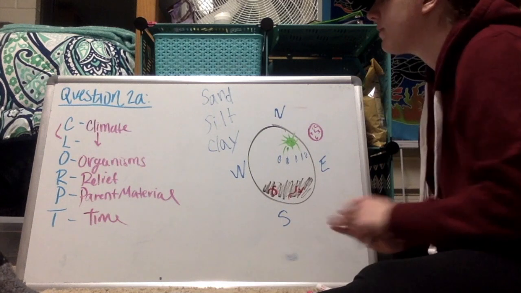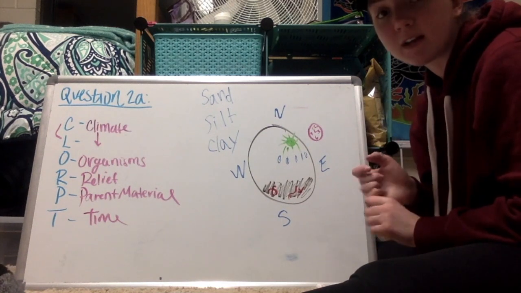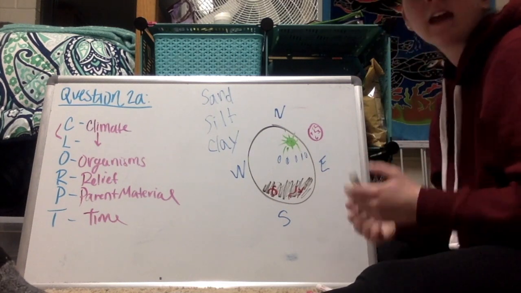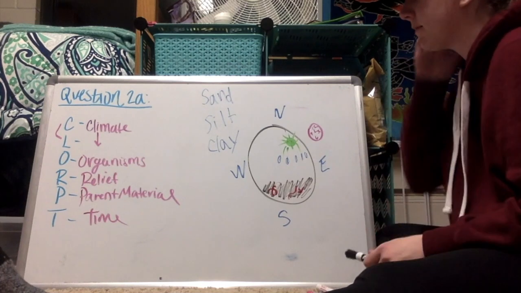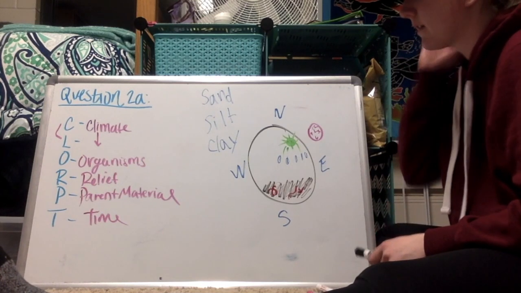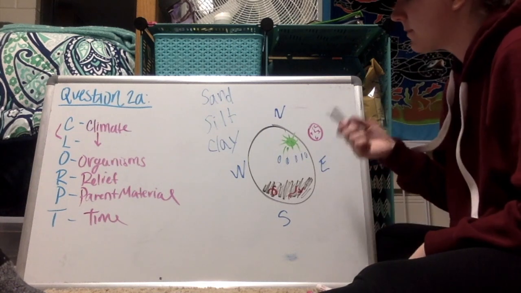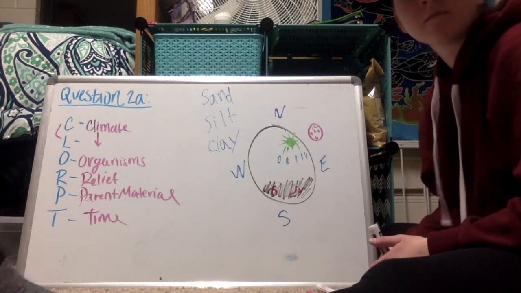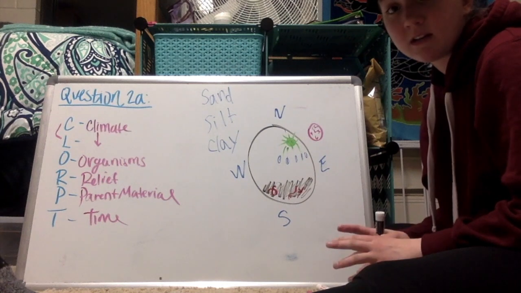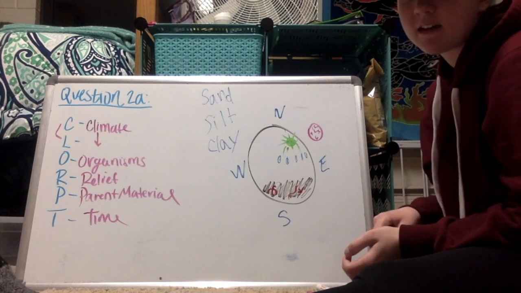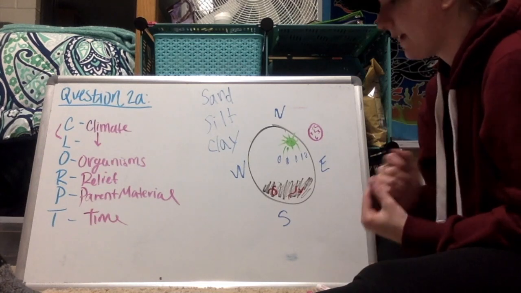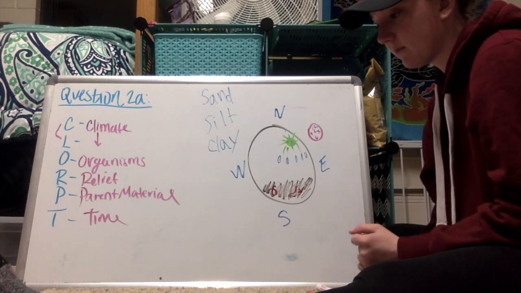Sand has the largest particle size and is the most dense of all three of the different particles found in soil. Silt comes next and has an in-between particle size between sand and clay. And then clay has the smallest particle size.